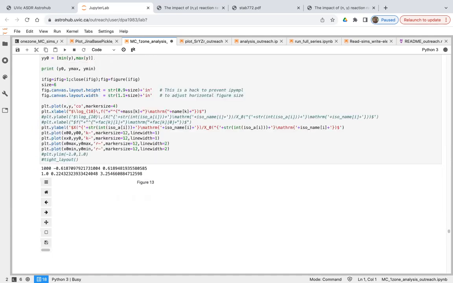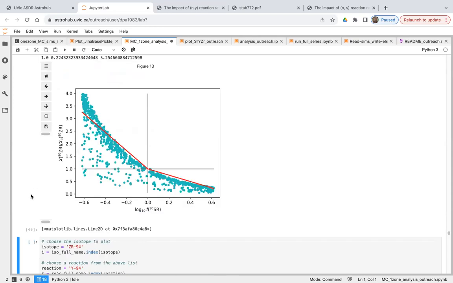Choose stable isotope plot. Okay, the next plot shows the correlation between predicted zirconium-90 abundance, normalized to the zirconium-90 template abundance obtained with default rates, and along the x-axis we plot the decimal logarithm of the multiplication factor that was used, the random multiplication used for strontium-90 and gamma ray.